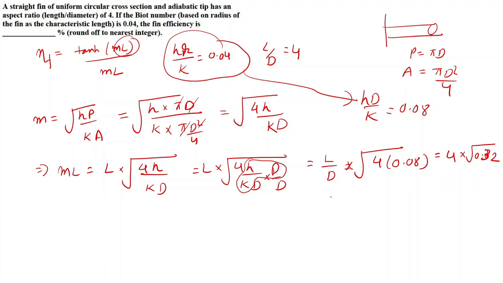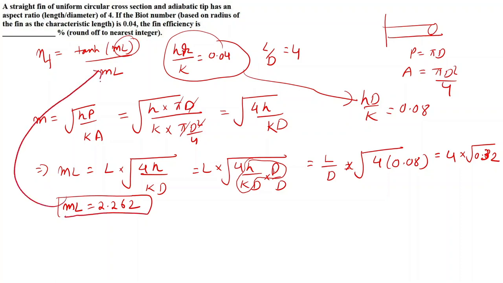So you can calculate this, and the mL value will come around, I think, 2.262. We will put this mL value in this equation, and we get the effectiveness factor as tanh of 2.262 upon 2.262.